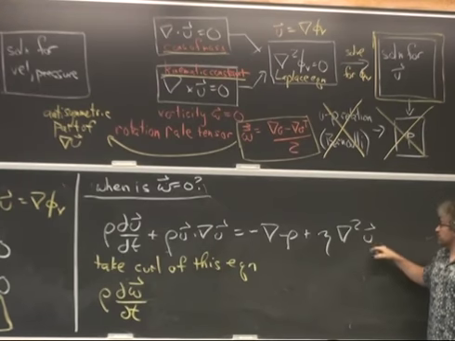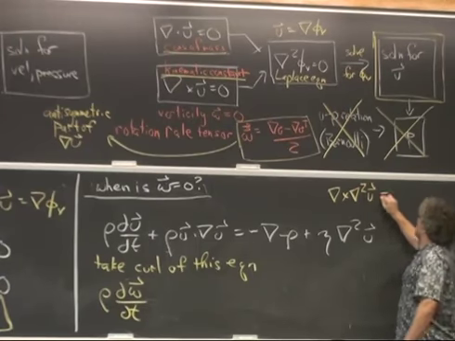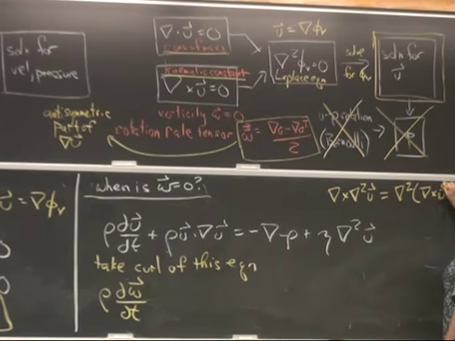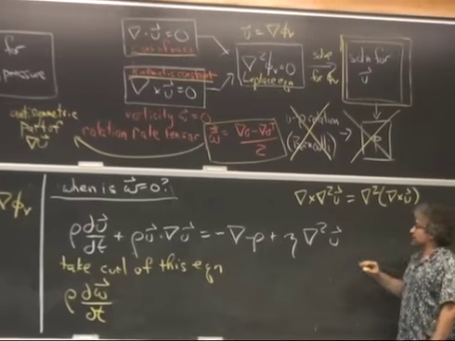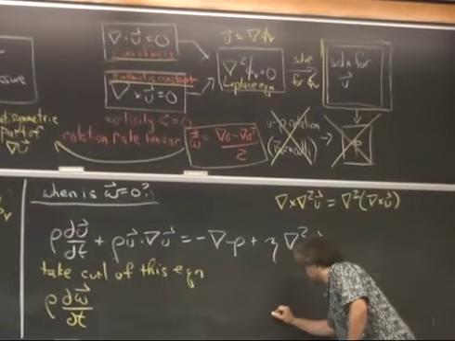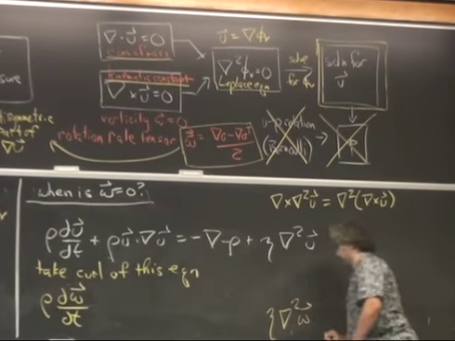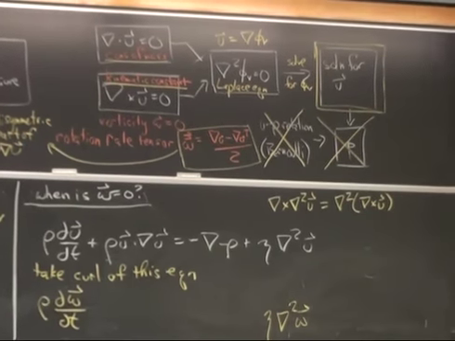So the curl of the Laplacian of u is equal to the Laplacian of the curl of u. Because I have all these nice linear operators going on, this process ends up being straightforward. I take the curl of this, and this u also becomes omega. So those two terms are relatively straightforward.